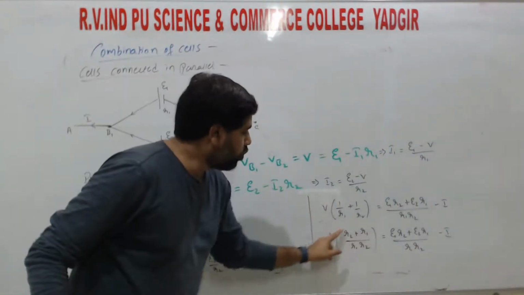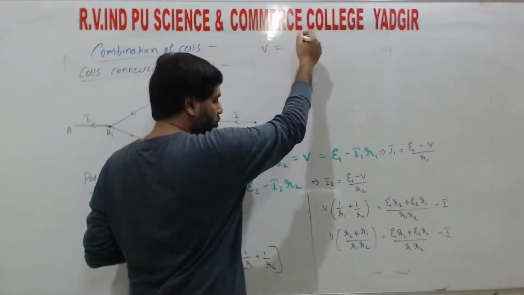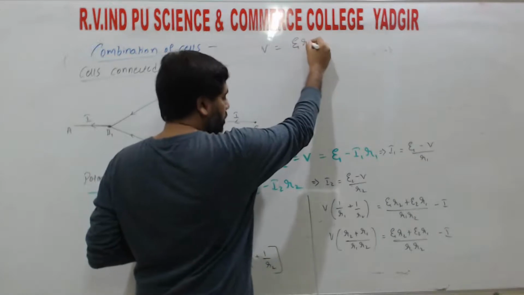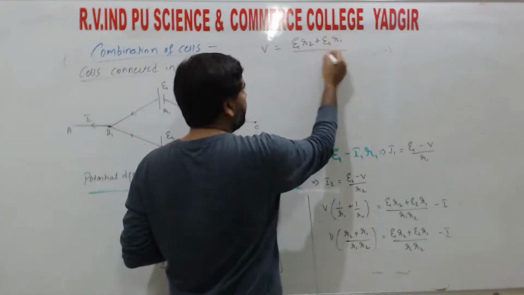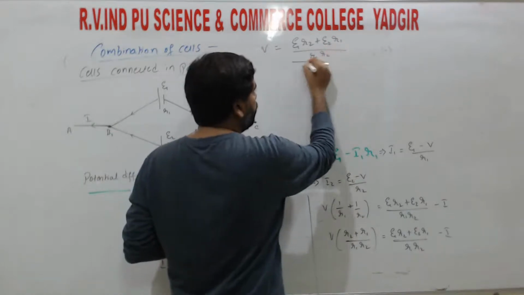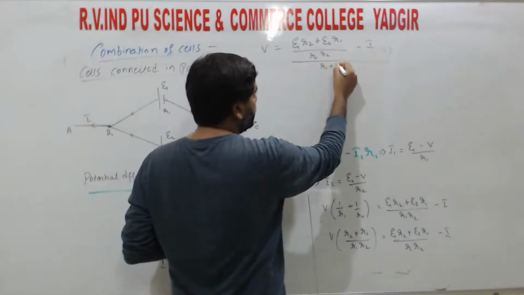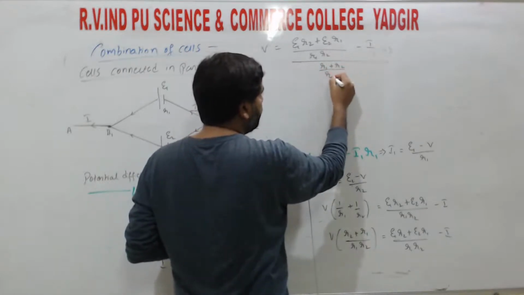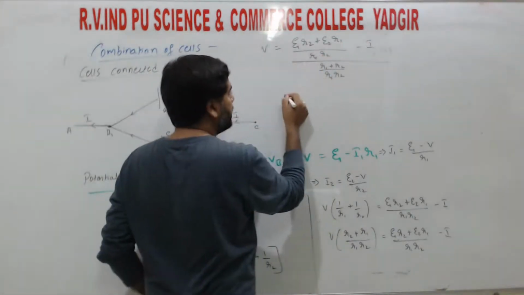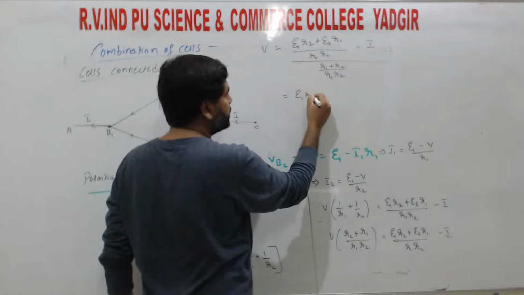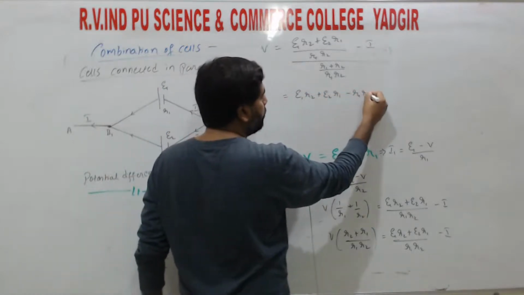So now this whole term, if we shift to the RHS, V is equal to E1 R2 plus E2 R1 divided by R1 R2, minus I, whole divided by R1 plus R2 divided by R1 R2. Here, if we take the LCM and simplify, E1 R2 plus E2 R1 minus I R1 R2.